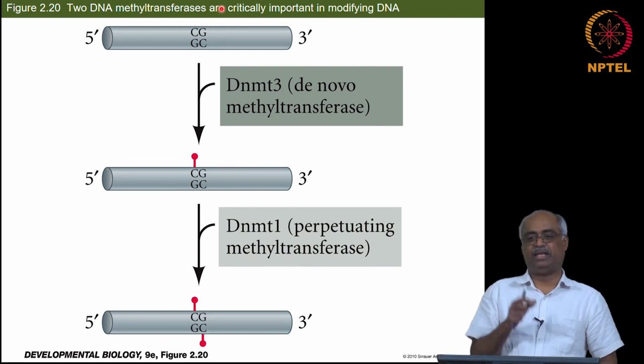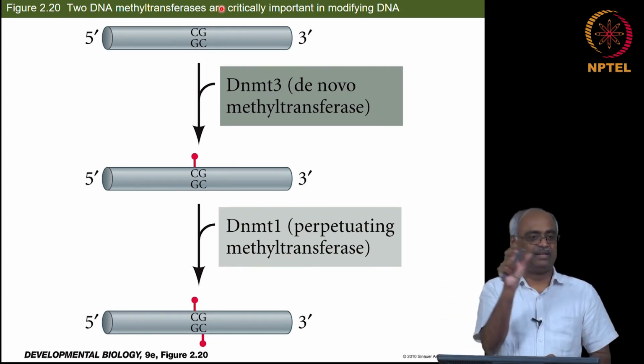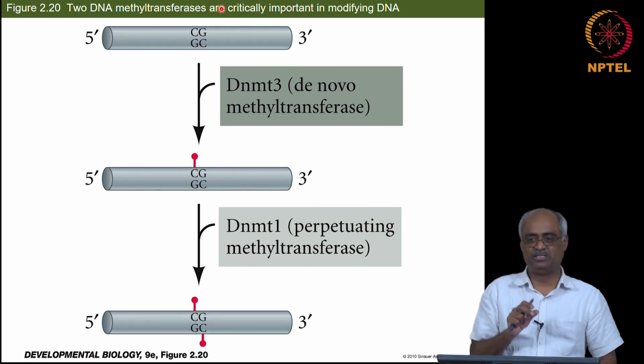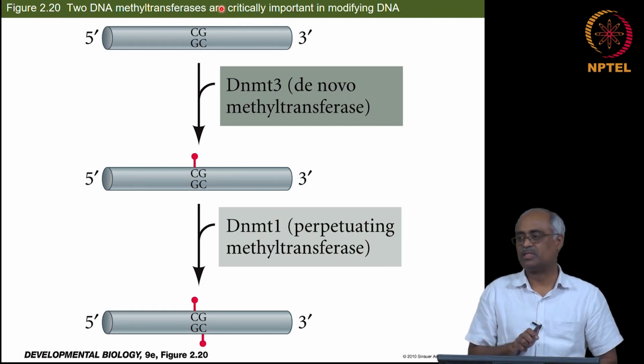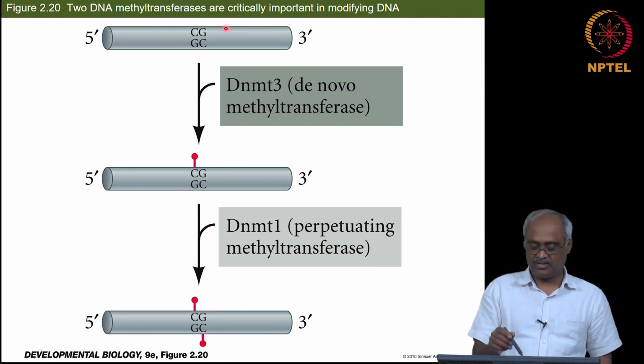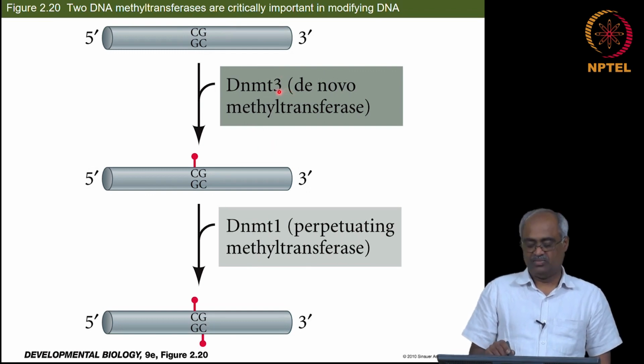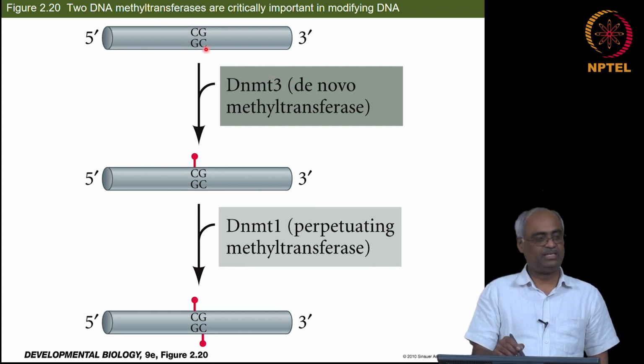CpG islands mean that in the chromosome here and there you have a lot of repeats of CpG, and that is called a CpG island. And these are recognized by a methyltransferase called DNMT3. This does not need either one of the two Cs that you see here. See, CG means the opposite strand will be GC, right.